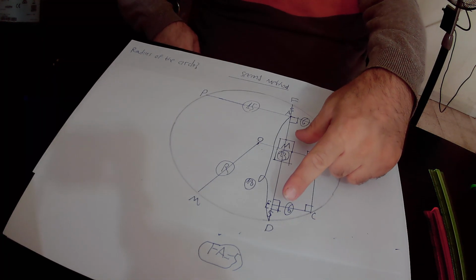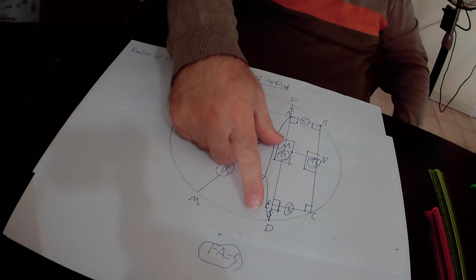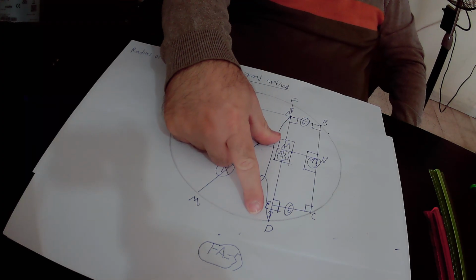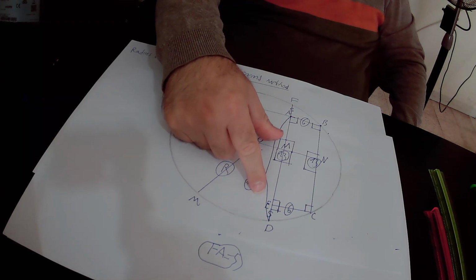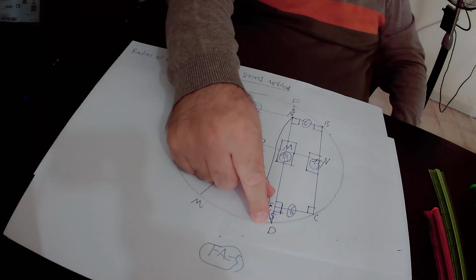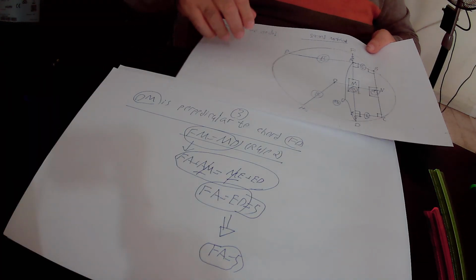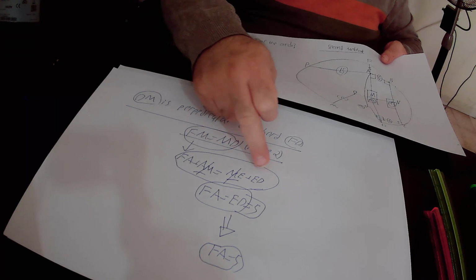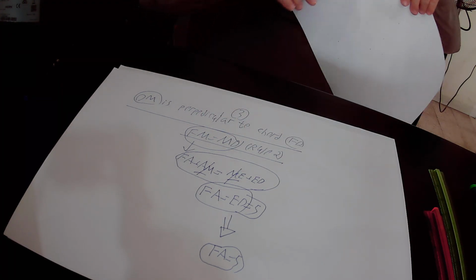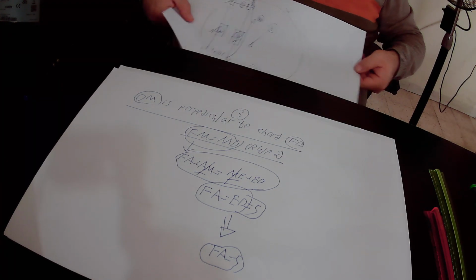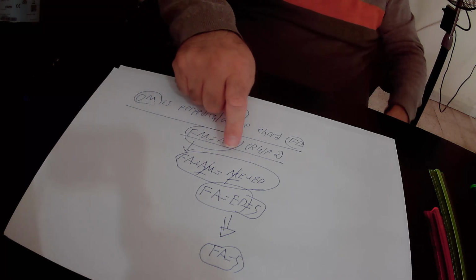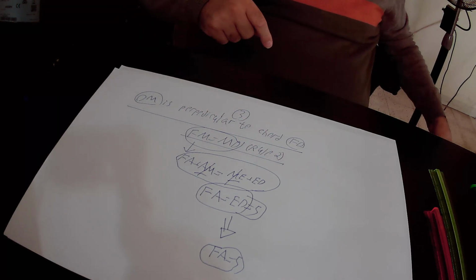MD equals ME plus ED. ME plus ED equals MD. So we can substitute MD by ME plus ED. In conclusion, we found out that FA plus AM equals ME plus ED.